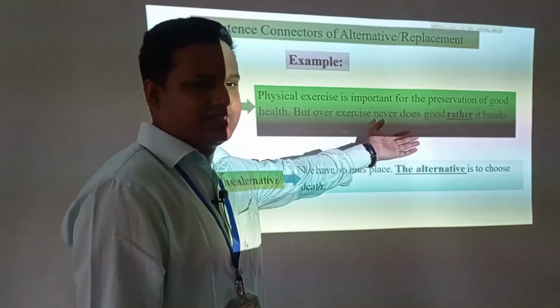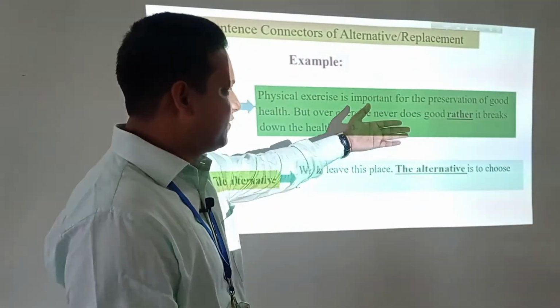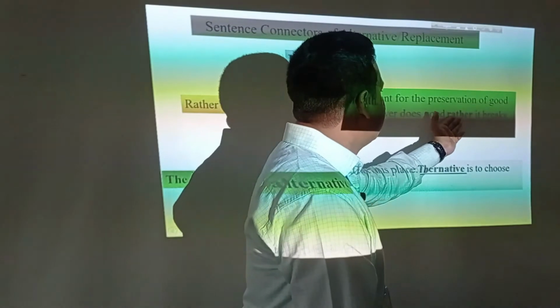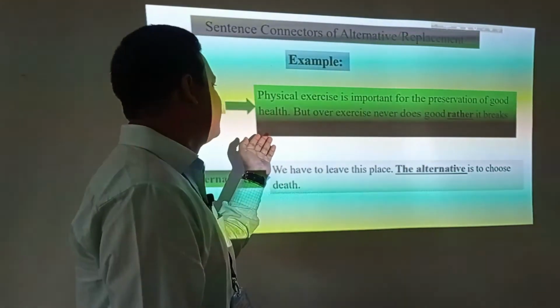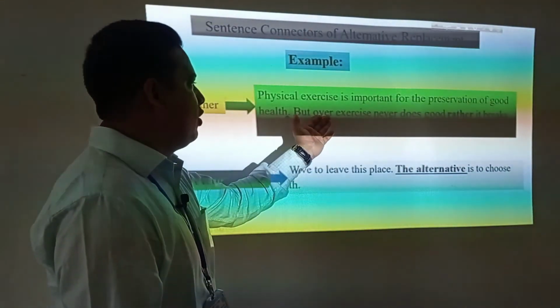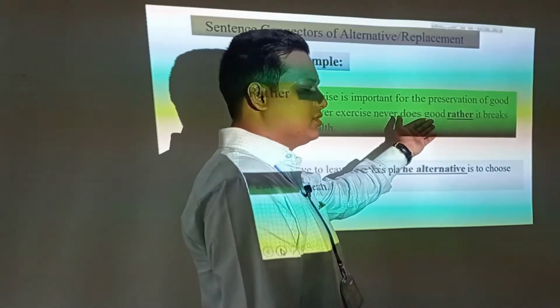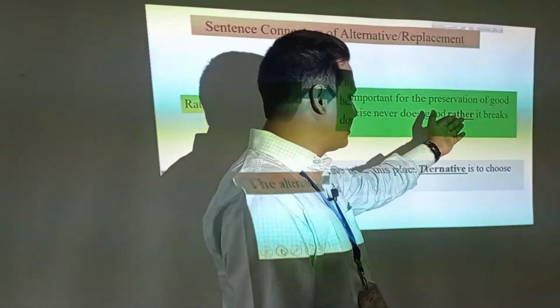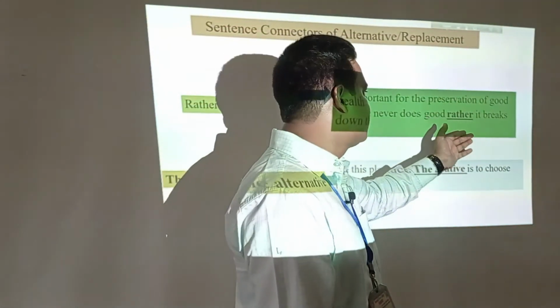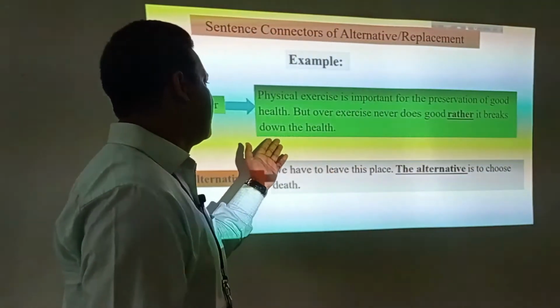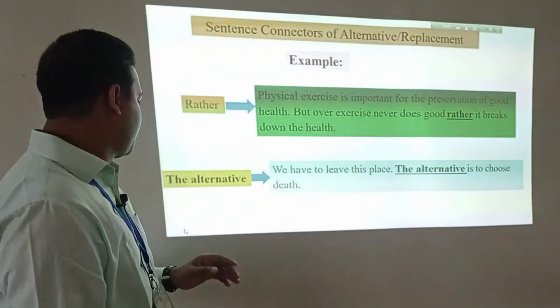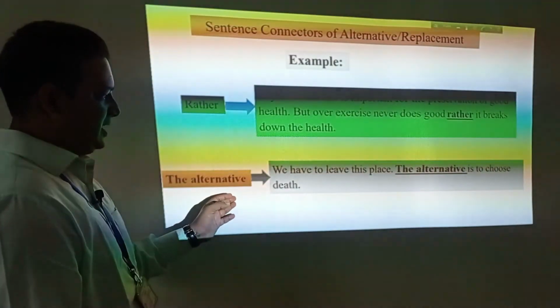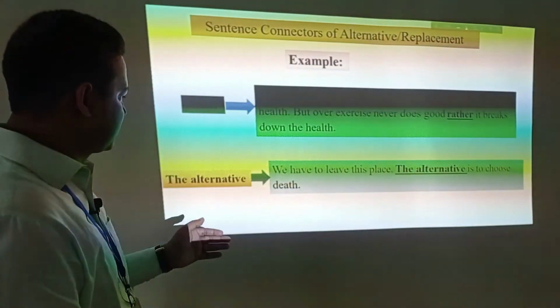Rather, expressing an alternative, different way, it breaks down the health. Here we can use "rather" as the sentence connector: it breaks down the health. Another word is "the alternative" as a sentence connector.